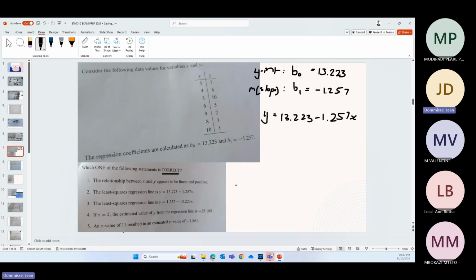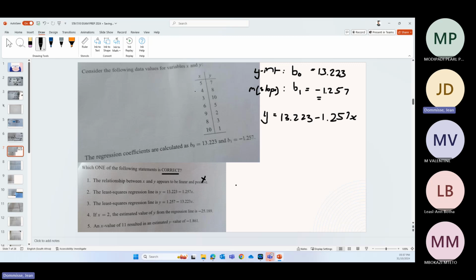And that's probably one of the things that is right or wrong. Okay, so the relationship between x and y appears to be linear and positive. It's definitely not positive, because your slope is negative.